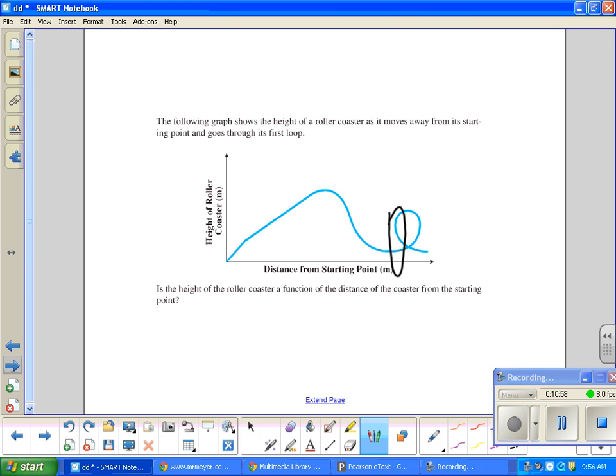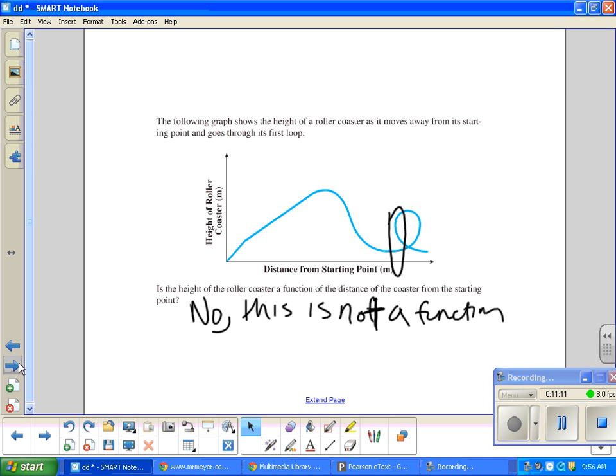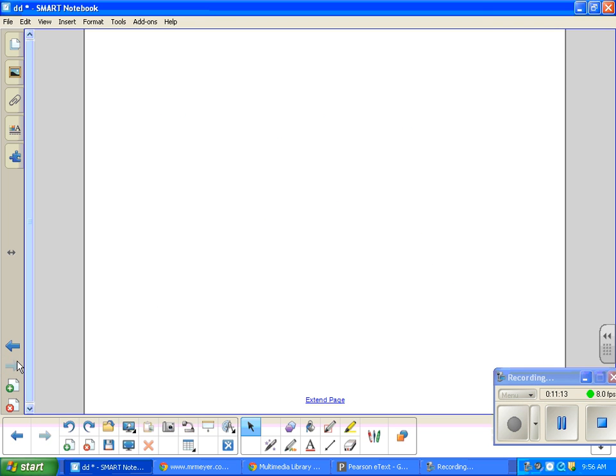And so I would say, no, this is not a function. And that is section 3.1.